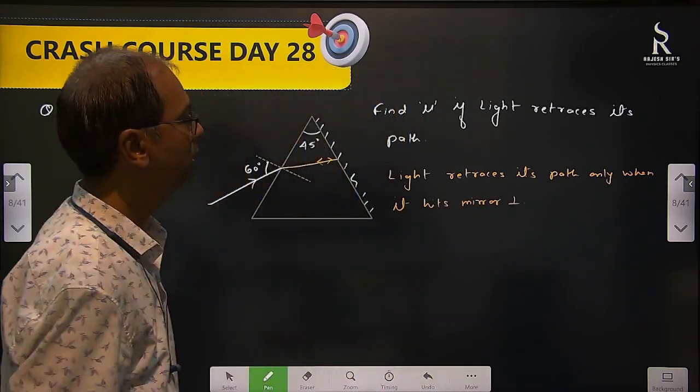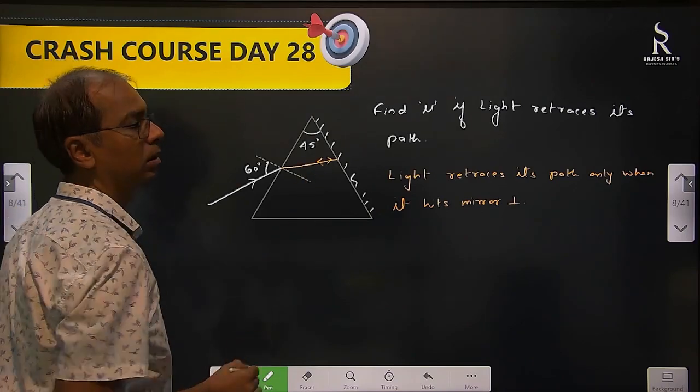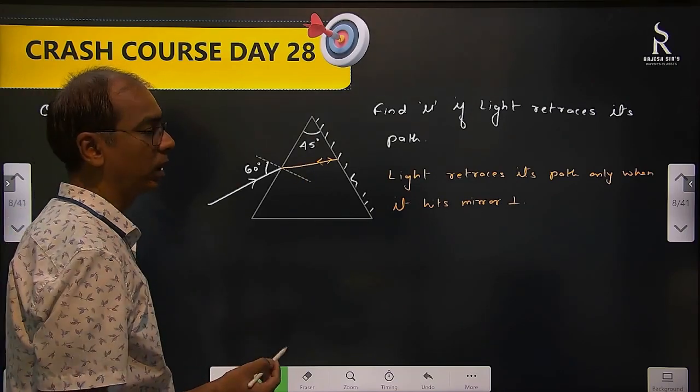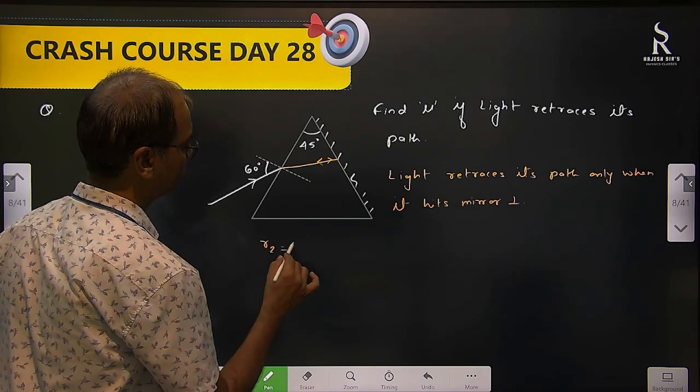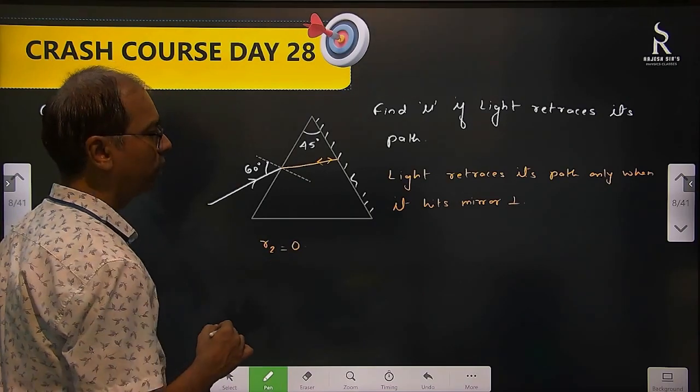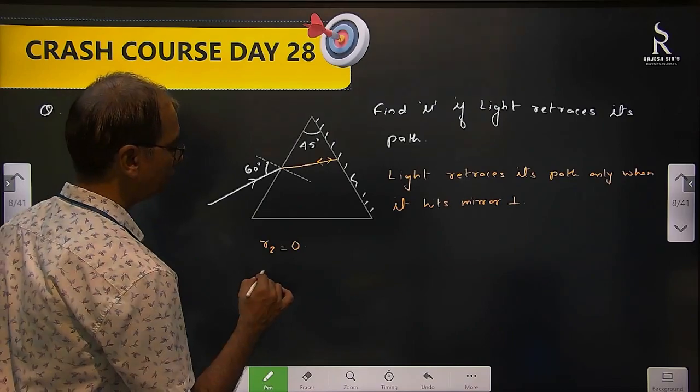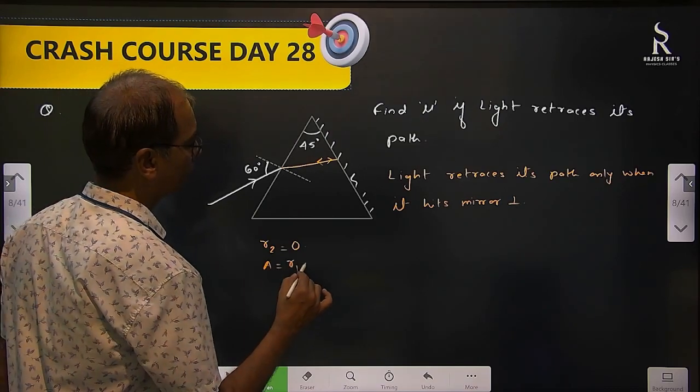So if it is hitting the mirror normally, that means the angle of incidence, that is R2 value, is 0. So we'll write it over here, R2 is 0. So that means A equals R1, that is 45.